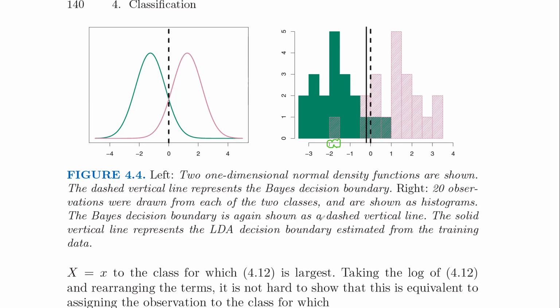we have an observation, which would be the predictor variable x, of roughly negative 1.75. It's incorrectly classified as green. Green could be seizure, for instance.